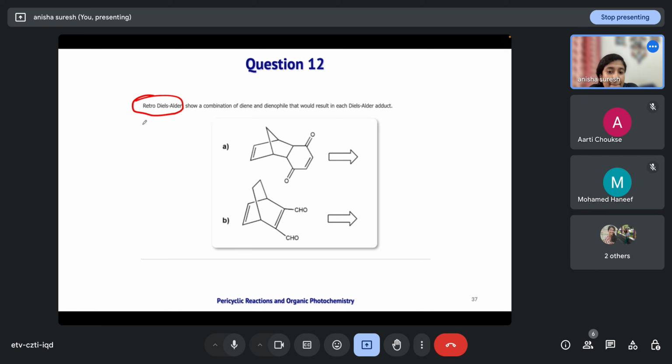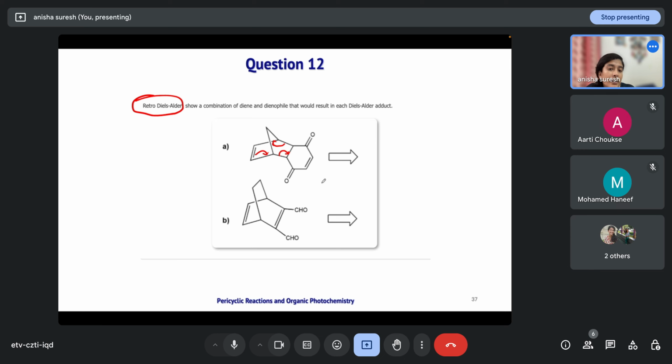The bicyclic fused system will open in this fashion.